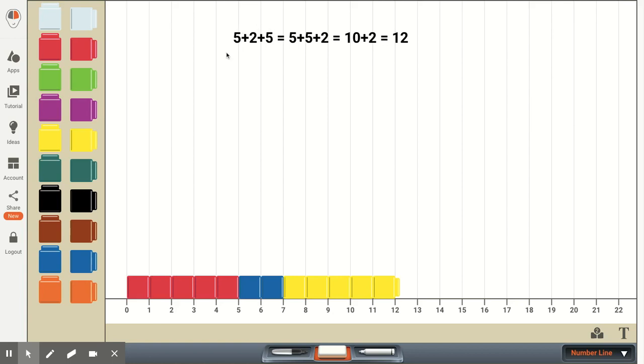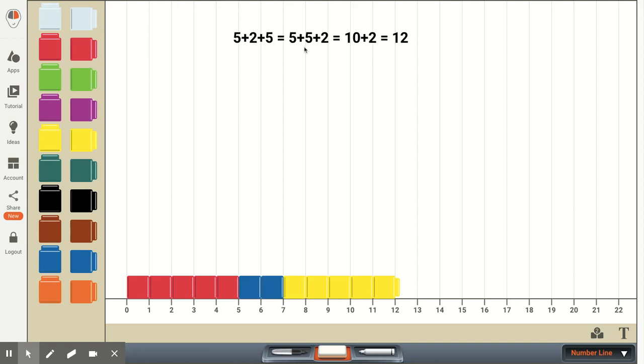So your first grader may look at this and they may know 5 plus 2 is 7, but then 7 plus 5, that may not be a simple fact for them to recognize. But if they know about this associative property of addition, in other words, knowing that they can switch these numbers around in any order, they may recognize that they know 5 plus 5.